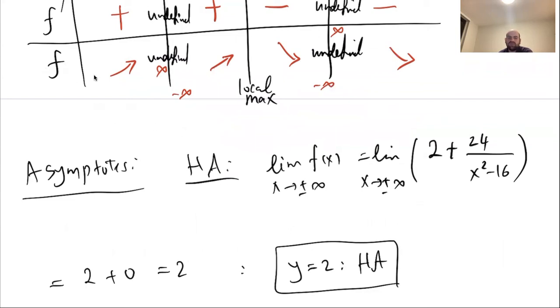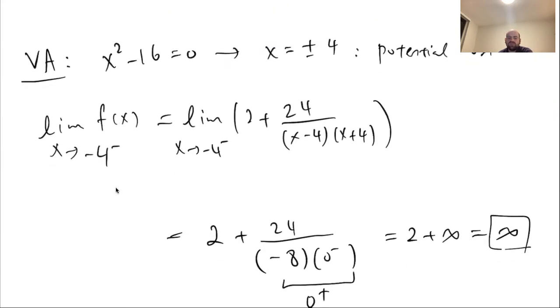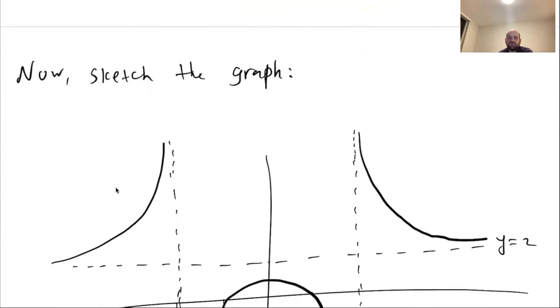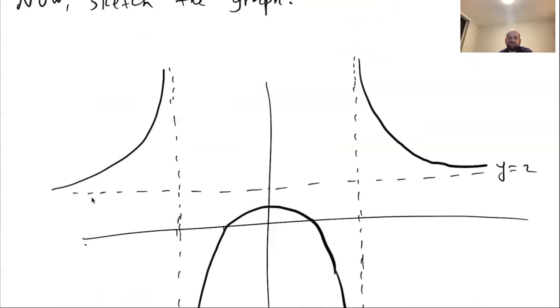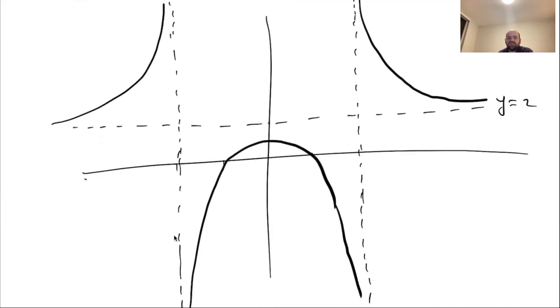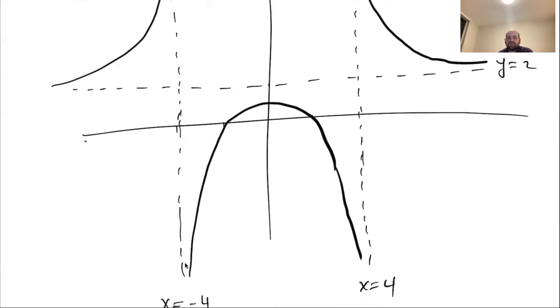So when x starts from -infinity, you start with the asymptote y equals 2, a little bit above y equals 2. And the function increases all the way to infinity right before -4. The function will be at -infinity right after -4 and increases all the way to x equals 0.